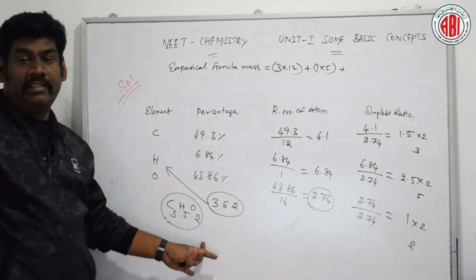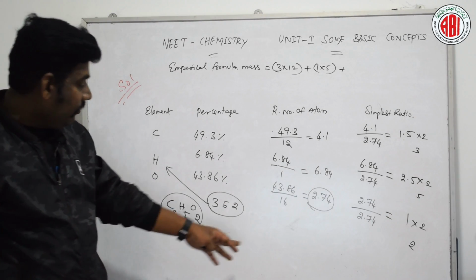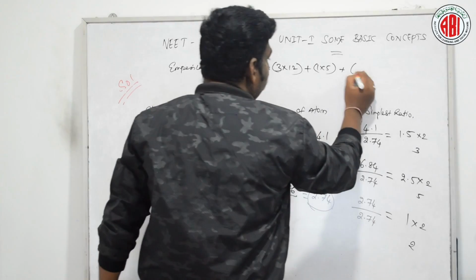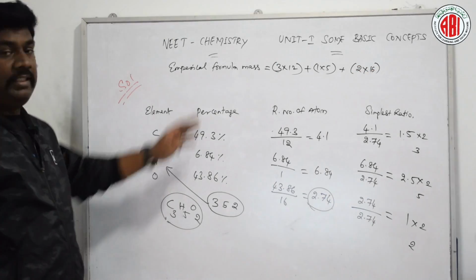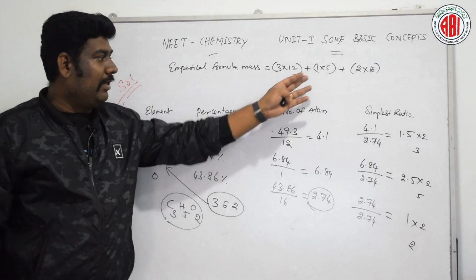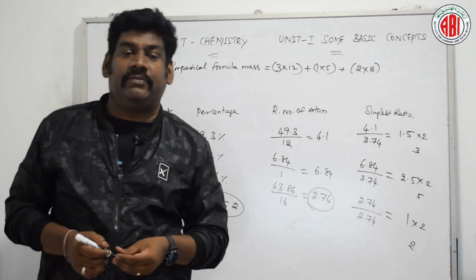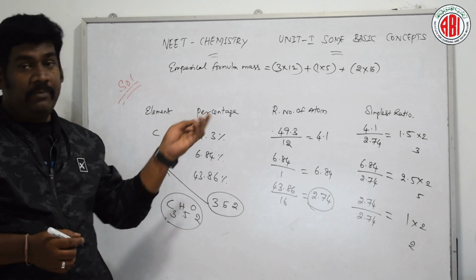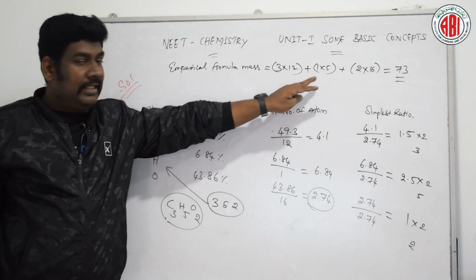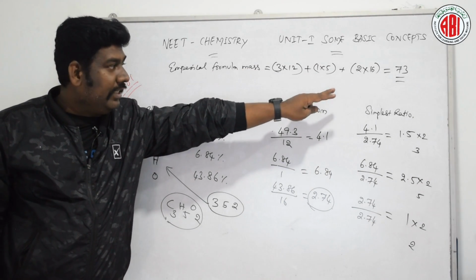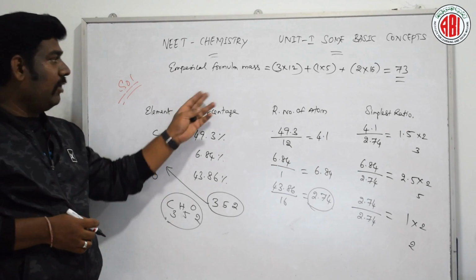Plus for oxygen, that is 16, and we have got the value 2, so 2 into 16. Multiplying and adding, finally we are getting 73. That is the empirical formula mass.